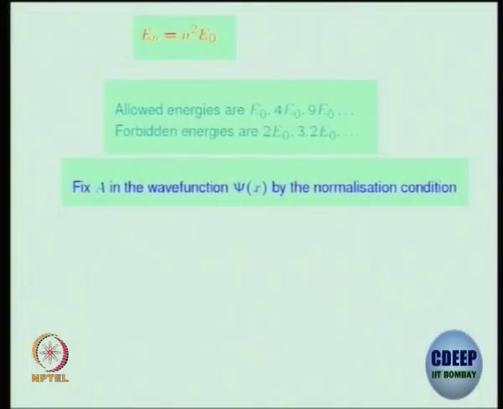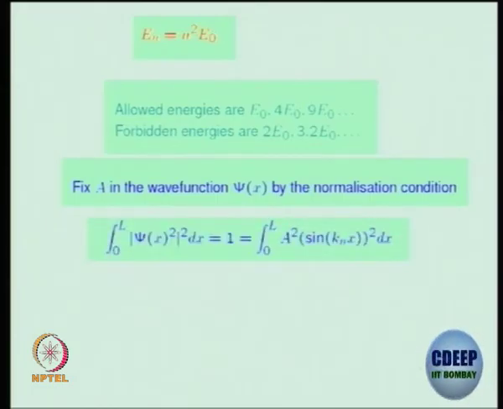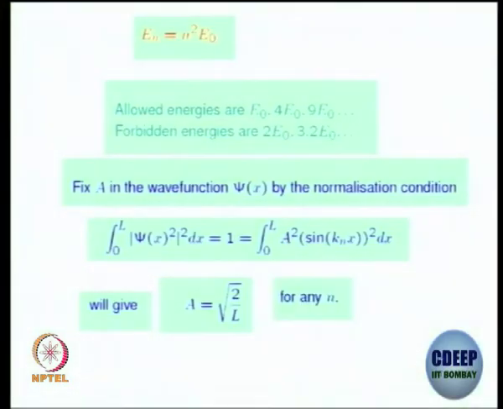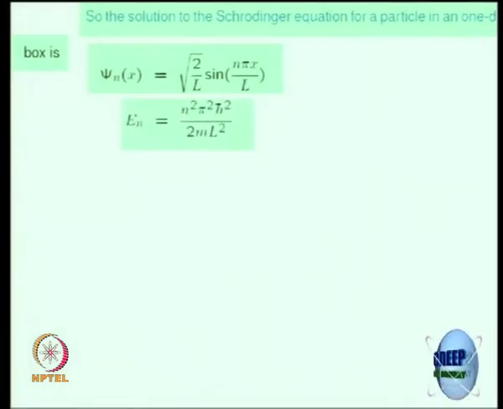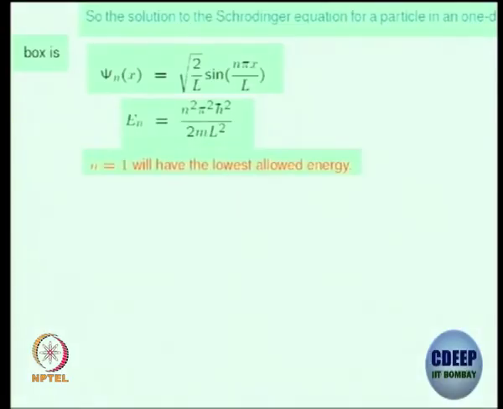Okay. This normalization fixing depends on your domain of integration. Here the wave function is non-zero between 0 and L. So, you need to put this normalization condition and fix the normalization. These things I am sure you have done in your first year course, and once you have that, you have the final wave function which I had in my first slide, and the corresponding energy is quantized as n squared E naught, and the lowest energy is n equal to 1 and not n equal to 0.